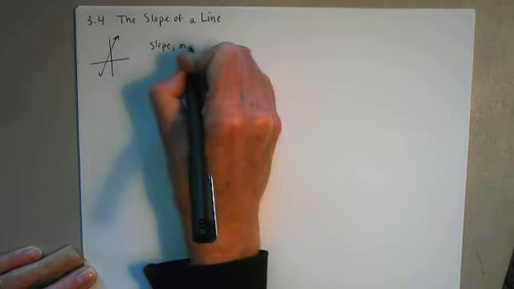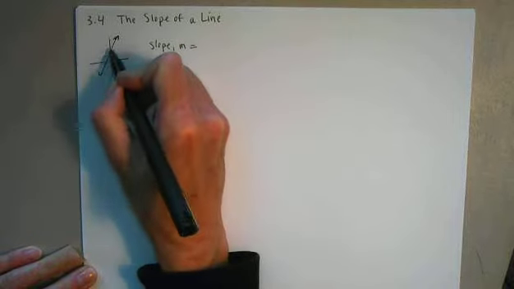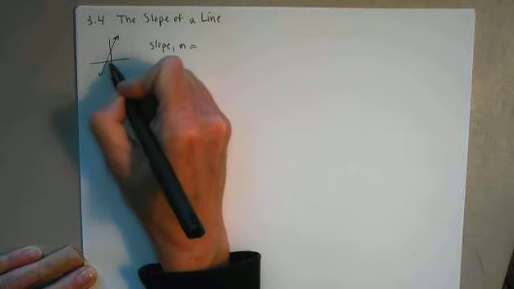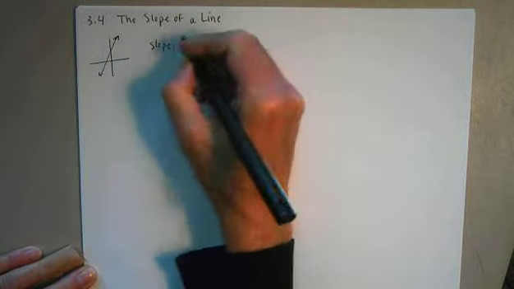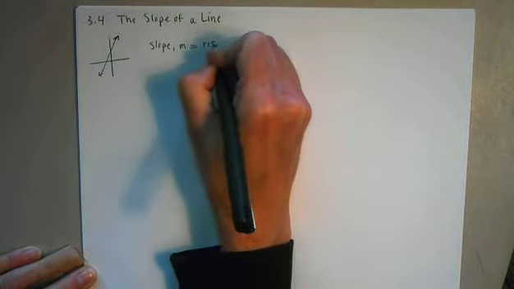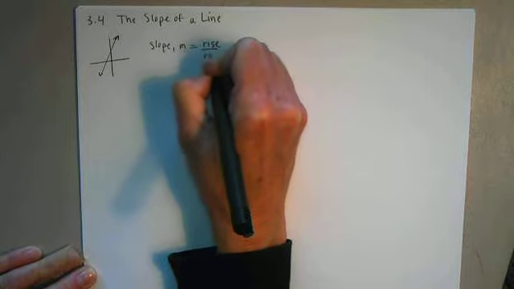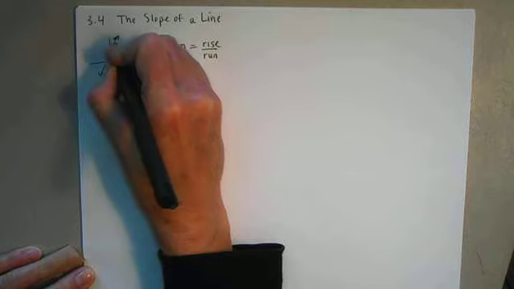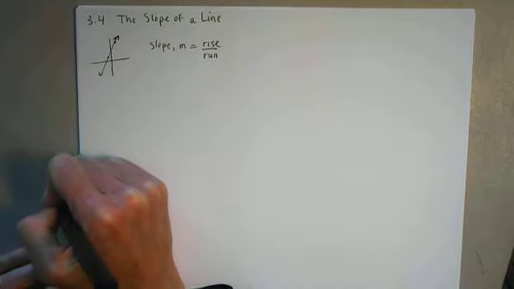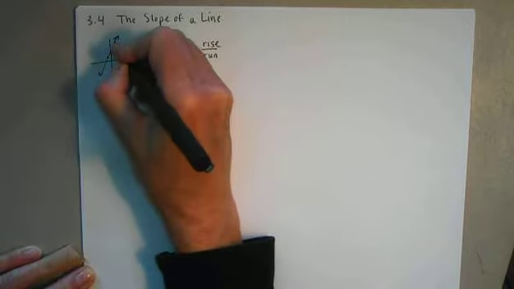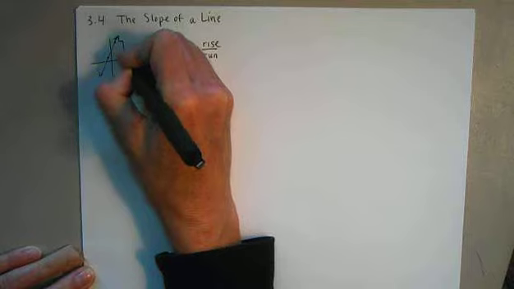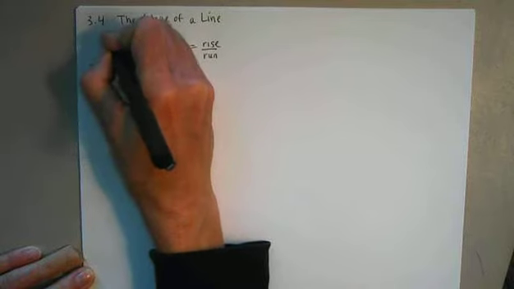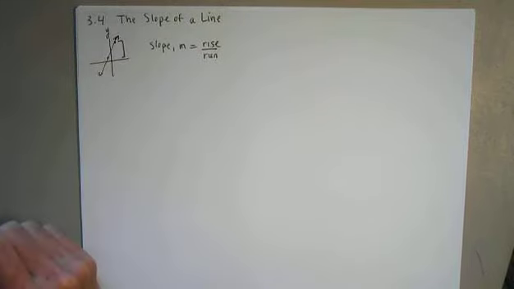And the slope, we're going to tell people it's how much it's rising for how far it goes over. So it's the rise over the run. Now, on an xy plane, if I wanted to measure that rise, we're getting the distance from here to here, and that would be the change in the y-axis.